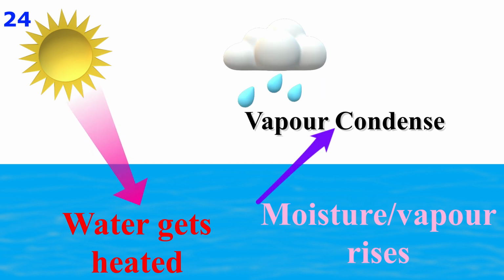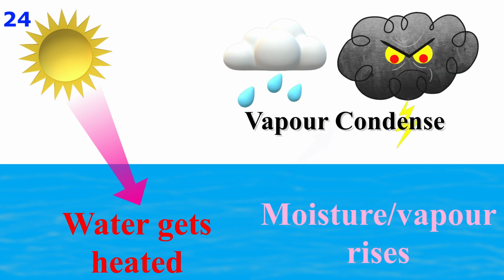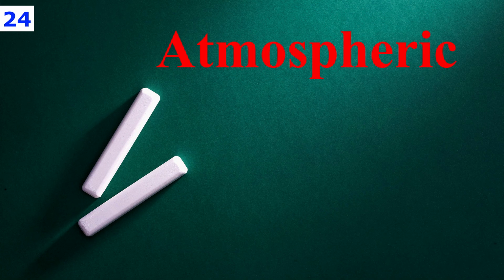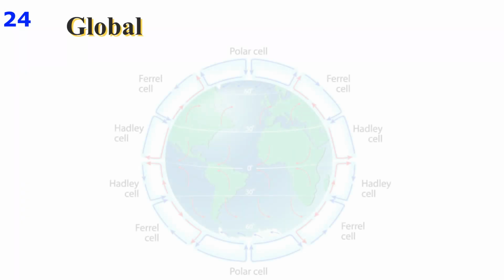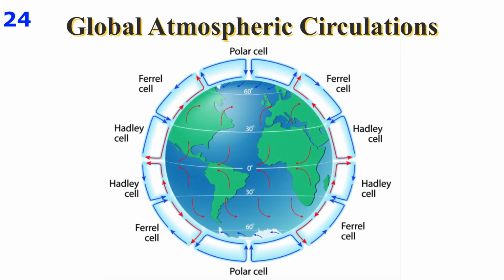These large clouds, which are commonly referred to as cumulonimbus, result in rainfall and thunderstorm. Clear? Friend, atmospheric and oceanic circulation are also the large-scale movement of air and water. The two processes work in conjunction with each other.